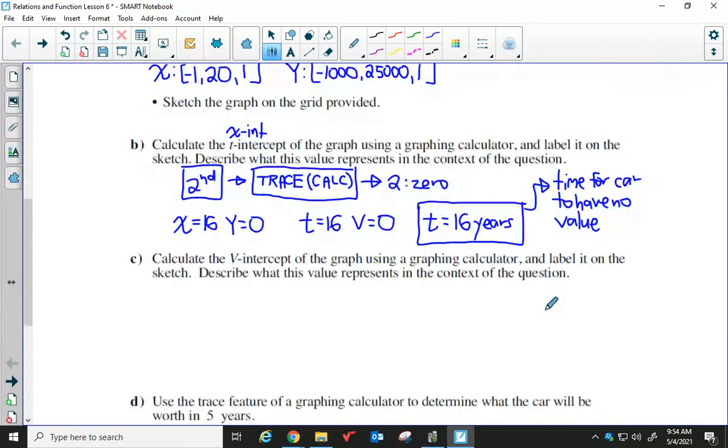C, calculate the V intercept of the graph using the graphing calculator and label it on the sketch. Okay, so the V intercept is going to be the Y intercept. The way to determine a Y intercept is we're going to hit second. So you start off by doing the same thing, second, and then hit the trace button, which will access calculate.